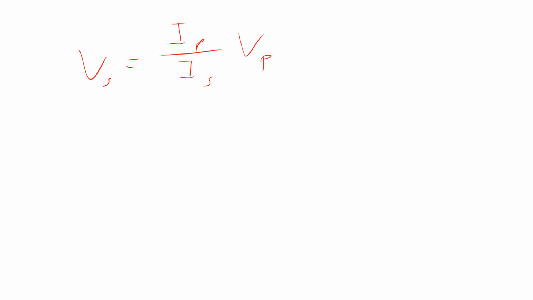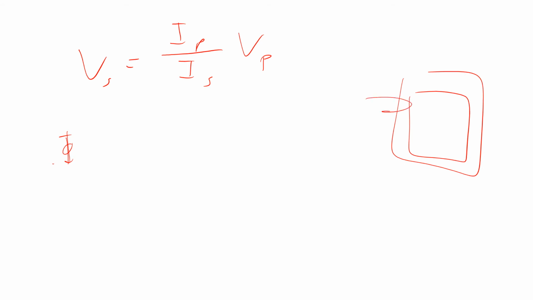Now, here's the interesting thing. We know that the primary and secondary fluxes have to be the same, because of the way the transformer is working. We're shepherding all the flux through here. So the flux is going to be proportionate to the current and to the number of turns.